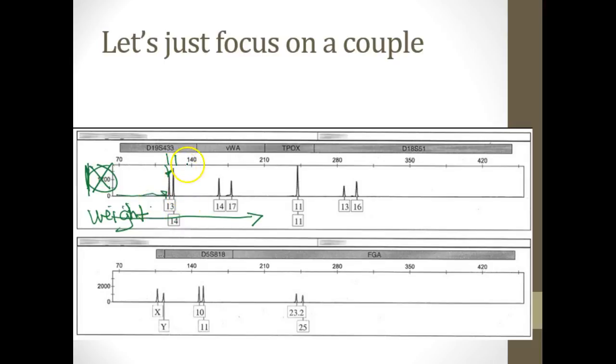Now this one that came right after it, because it is further along on this axis, it is larger, and it actually stutters 14 times. So this individual is heterozygous for the D19S433 intron, 13, 14.